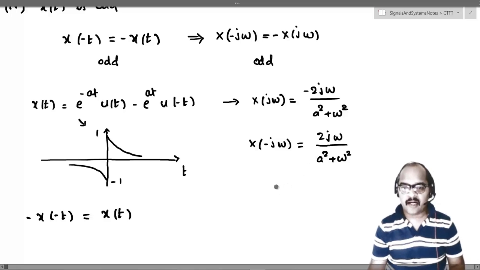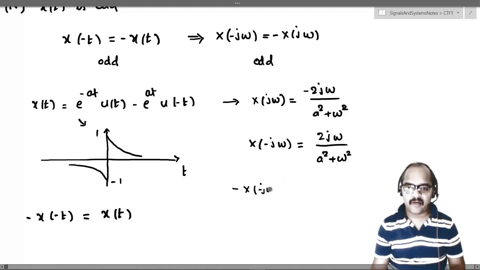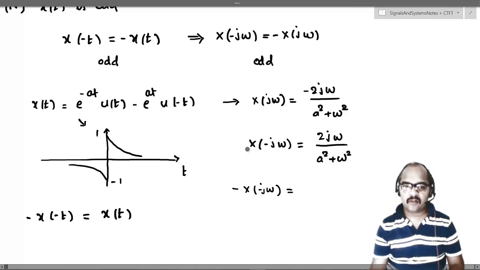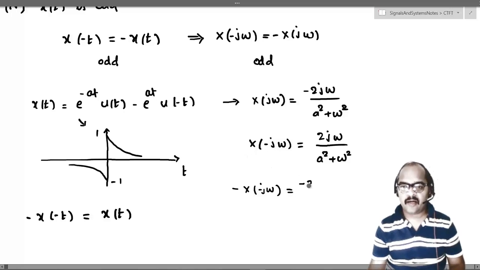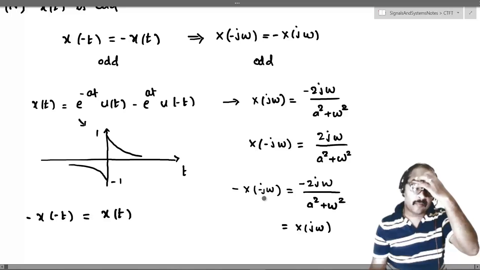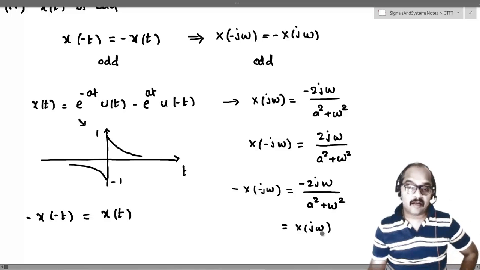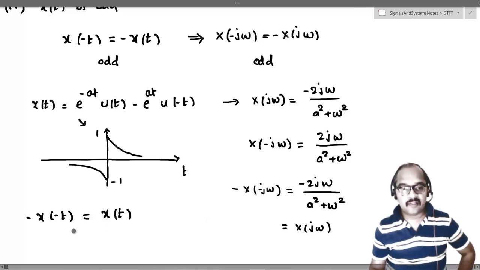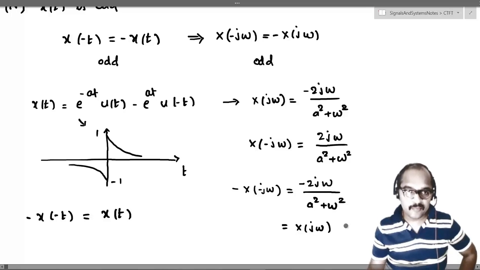What I'll do is multiply this with -1. So minus x of minus j omega would be minus 2j omega by a square plus omega square. So clearly this is equal to x of j omega. We got minus x of minus j omega equal to x of j omega, which means the Fourier transform is odd. So if the signal is odd, then the Fourier transform is also odd.